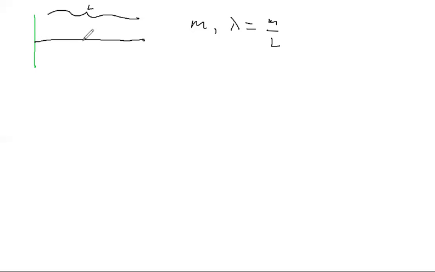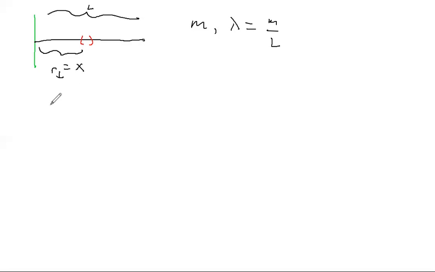It always helps me to mark out a typical chunk, just a segment out here. That segment has a perpendicular distance, which is just given by x. But this time, x will range from 0 out to L, whereas last time it ranged from minus L over 2 to positive L over 2.